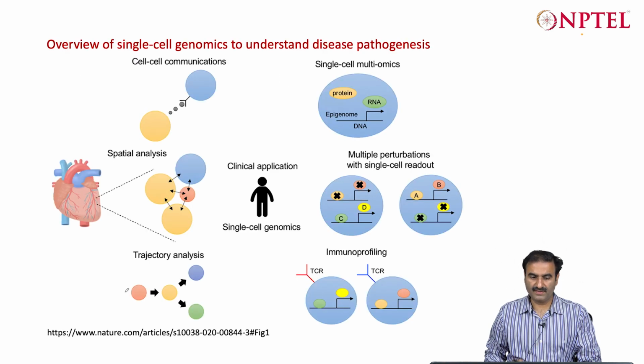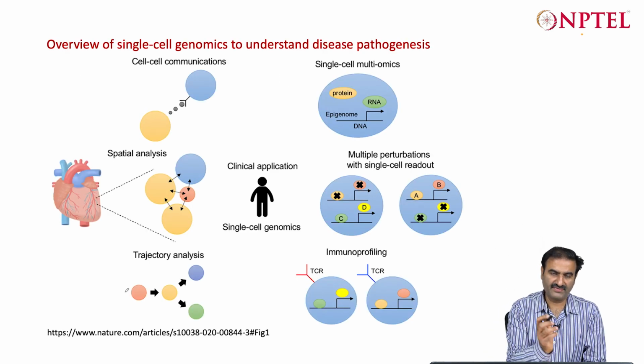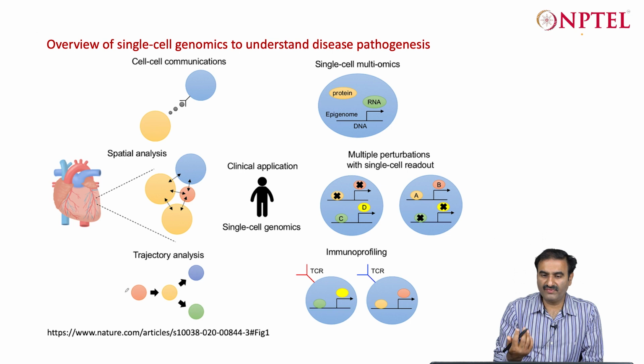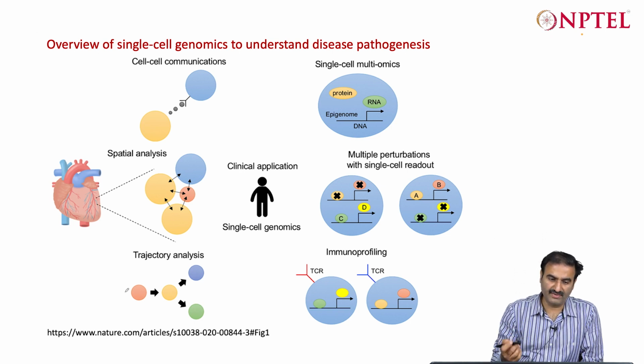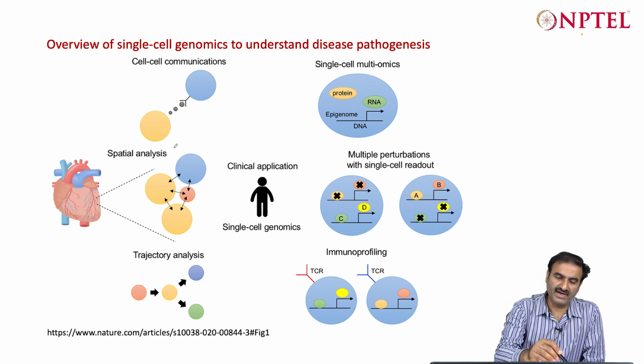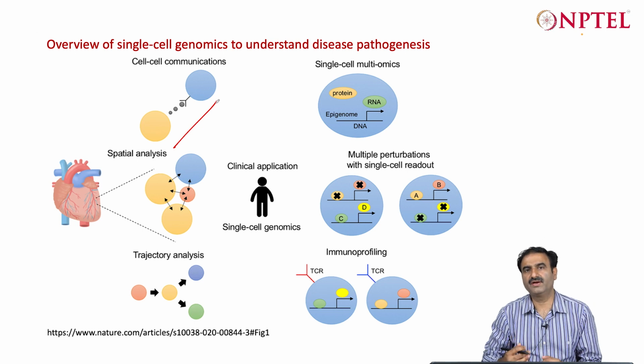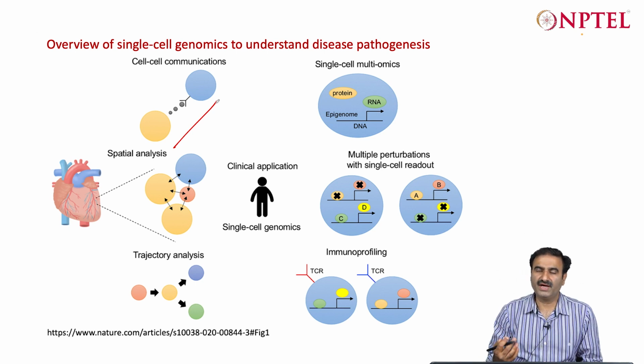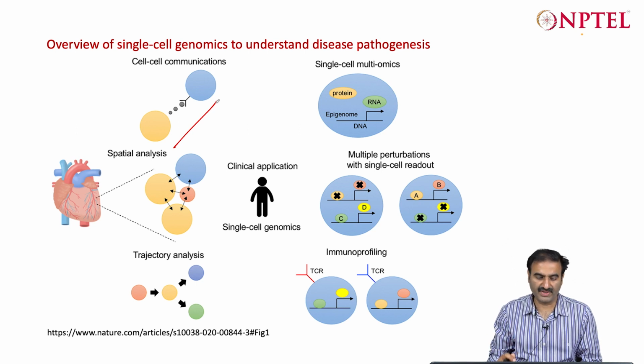So that is why single cell genomics offers a way to understand the disease pathogenesis better, because then you can understand the cell to cell communications, like how the cells are communicating, what metabolites or signaling molecules they are producing to act in accordance with the other cells or differently from the other cells in their respective microenvironment.